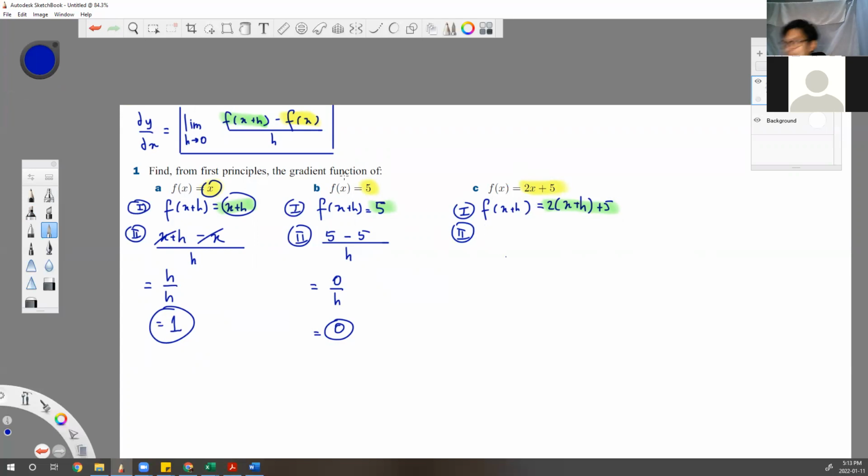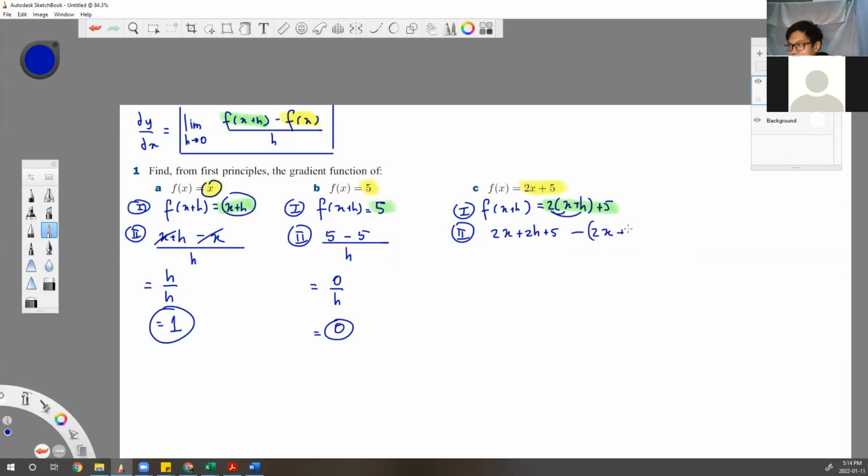Okay, just focus on the green highlight, x plus h. So just 2x plus 2h plus 5, right? This is the green one. And I open the bracket, right? I just expand it, and then subtract f(x), which is 2x plus 5.